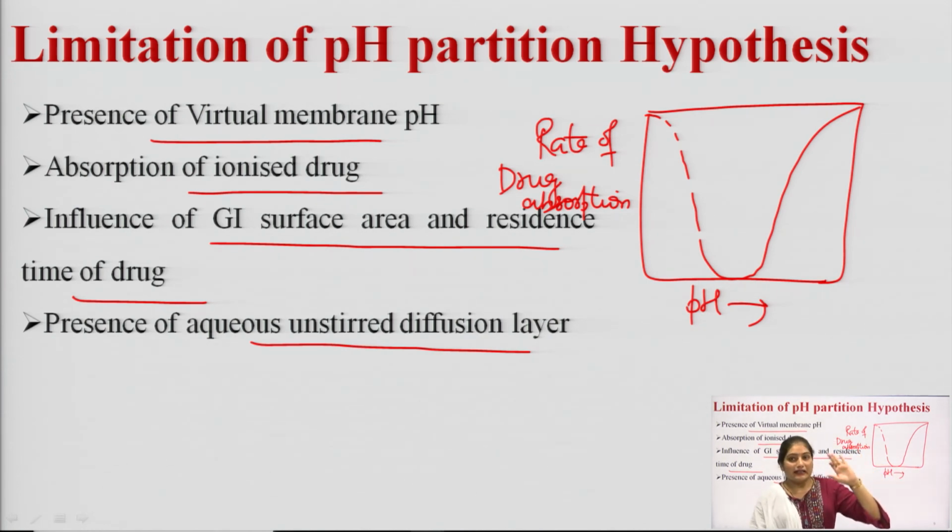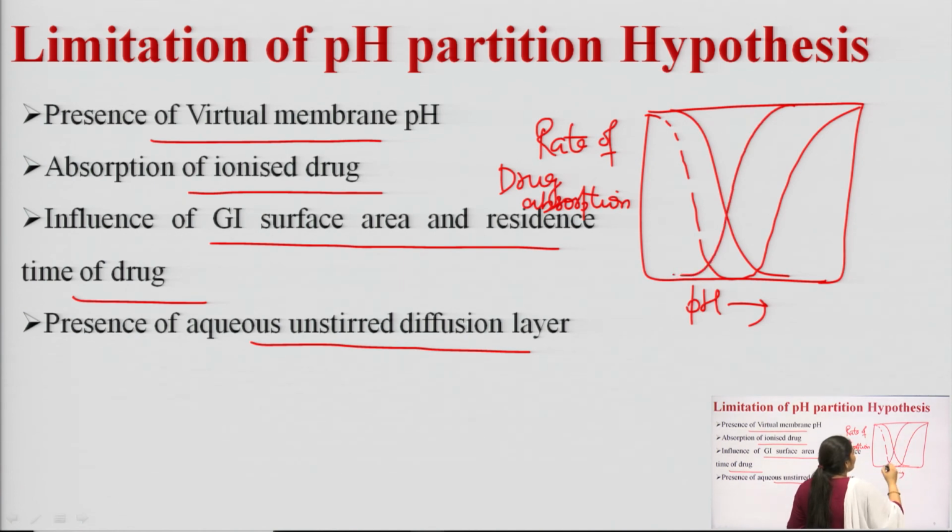In case of the weak acidic drug, this S-shaped curve will be shifted towards the right side, and in case of basic drug, it will be shifted to the left-hand side. After that shifting, we will obtain a curve like this. This is for the basic and this is for the acidic.